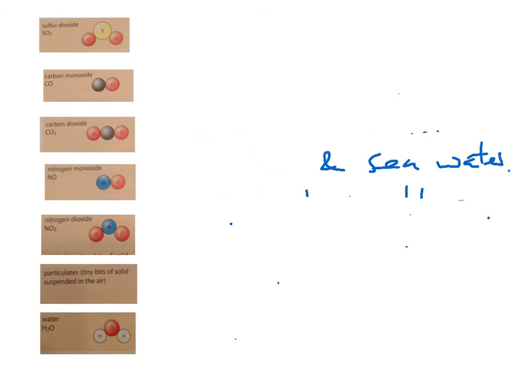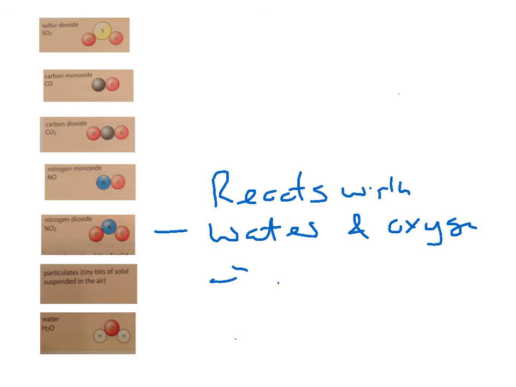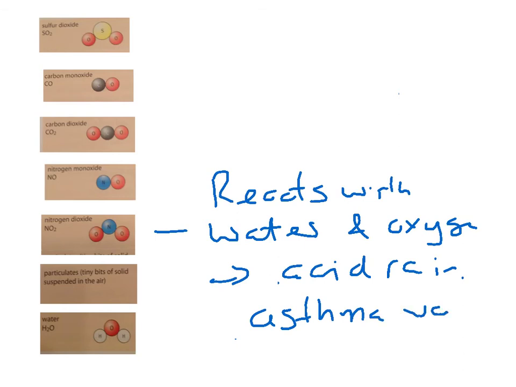Okay, let's clear a bit more space here. Sure, there's a quicker way of doing this, but anyway, here we go. So next thing we're going to look at is nitrogen monoxide. As you know, mono is 1. That will react in the atmosphere to produce nitrogen dioxide, and that will react with water and oxygen. And that will also produce acid rain. There's some evidence that it can also make asthma worse.